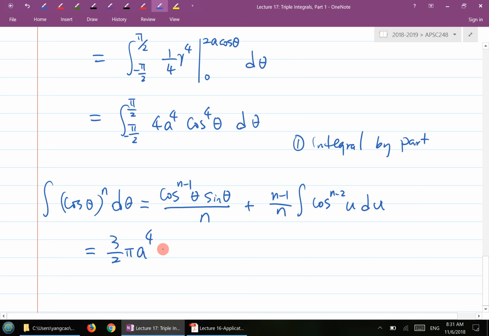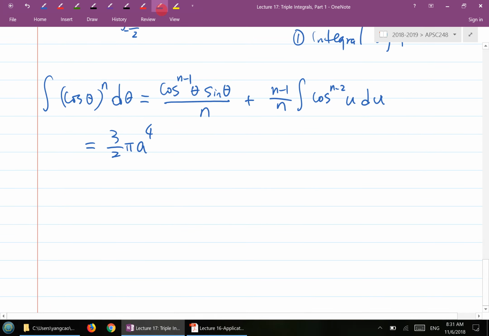As a matter of fact, in your first year dynamics or statics, I don't remember which course, when you calculate moment inertia, there is another one, the so-called parallel axis theorem. Did you learn this one in your first year? Yes? No? Really? No?